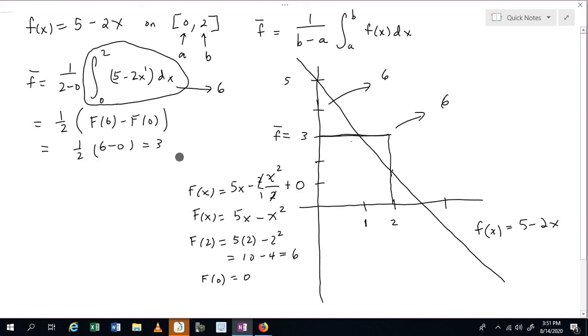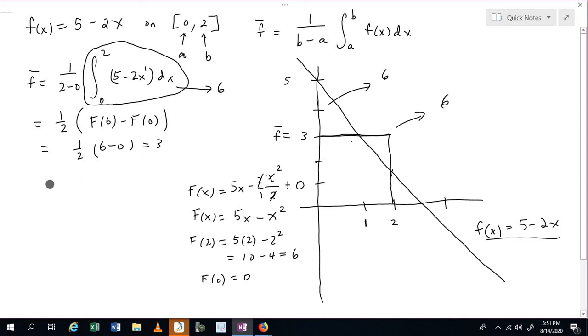Okay, so just to finish this off, the last thing we have to do is try to determine where this particular function is equal to its average value on the closed interval from 0 to 2. And that's easy to do. We know that its average value is equal to 3 on the closed interval from 0 to 2.